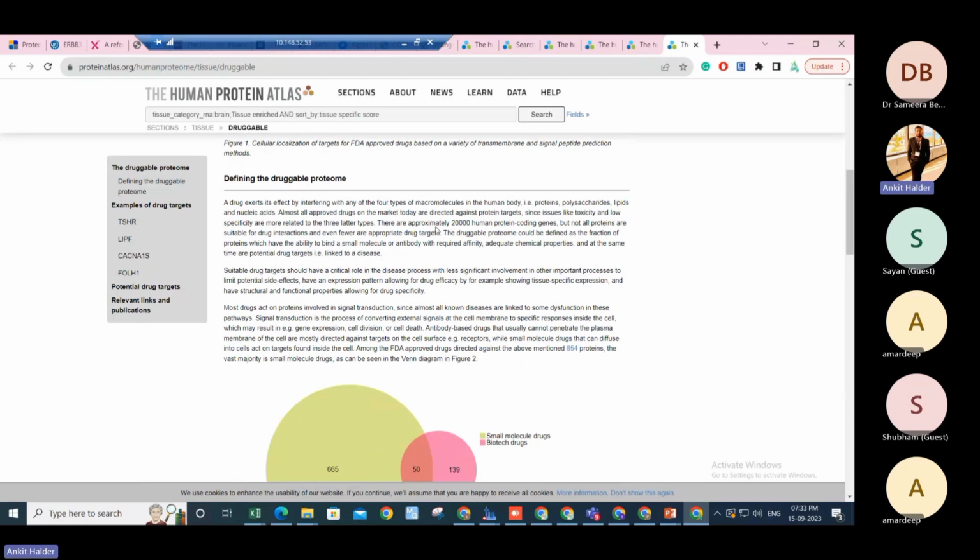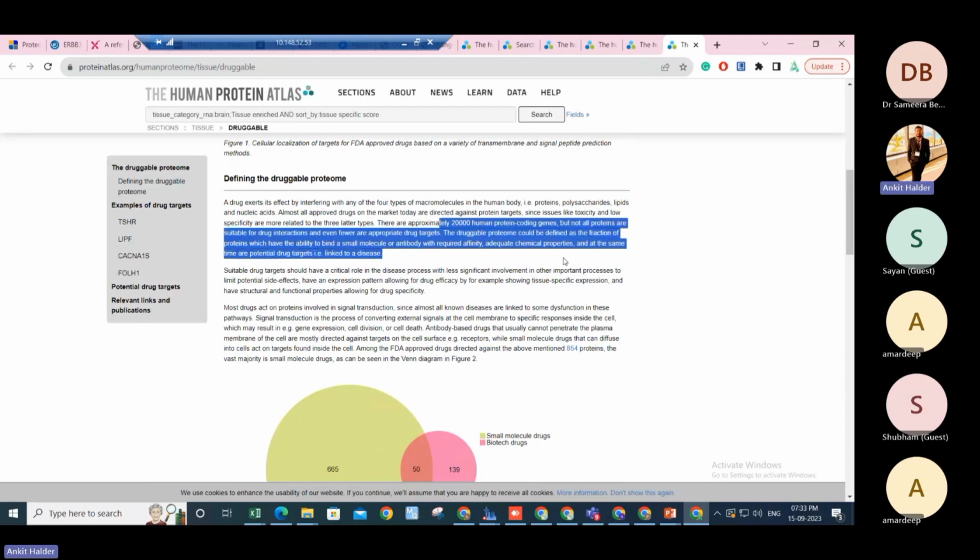They have already written that there are approximately 20,000 human protein coding genes, but not all proteins are suitable for drug interactions, and even fewer are appropriate as drug targets. The fraction has the ability to bind a small molecule with required affinity, adequate chemical properties, and at the same time potential as targets.